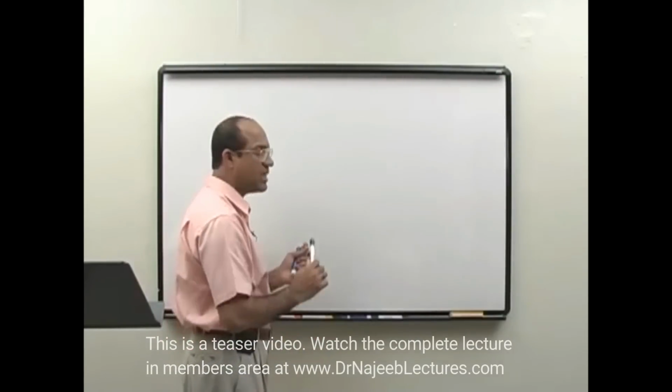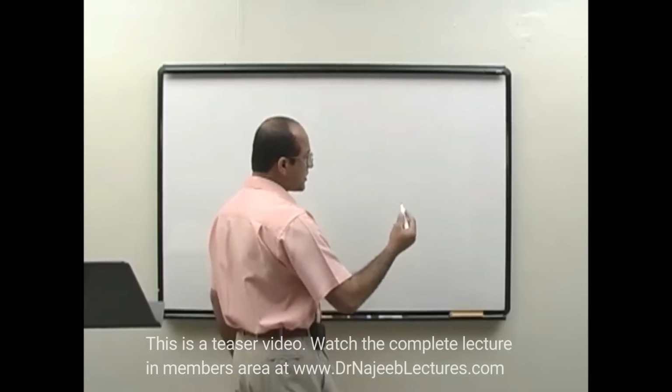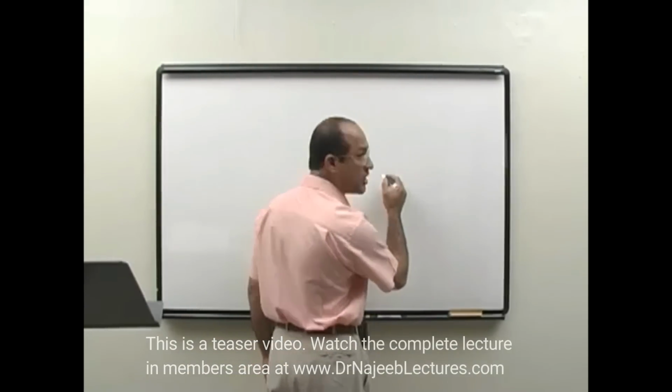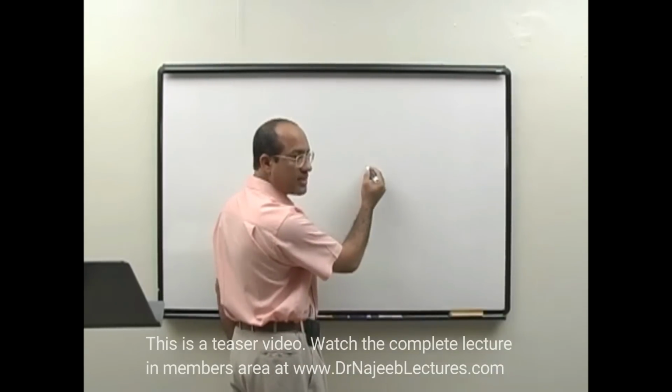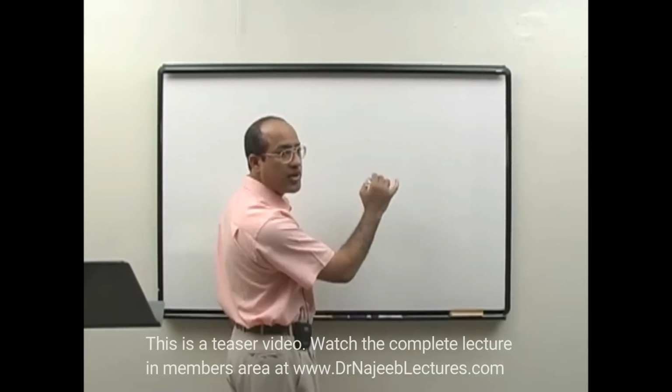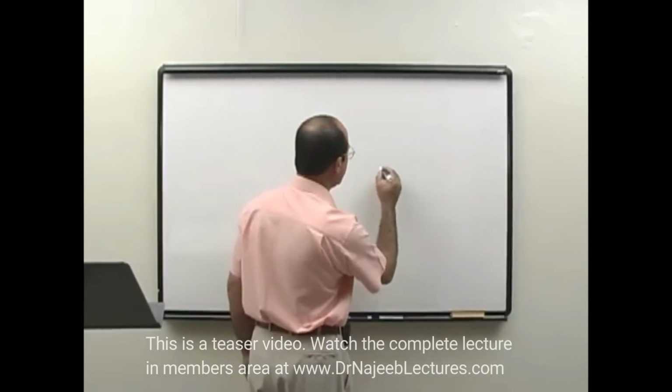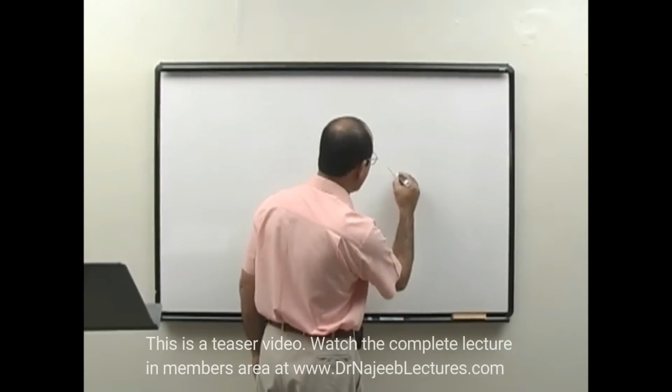Let me draw them here. I will try to make your concept related with that. Already we have studied the neuroanatomy up to the midbrain, isn't it? So I will develop the structures of the diencephalon in relationship to the midbrain. Let's suppose I draw a midbrain here.